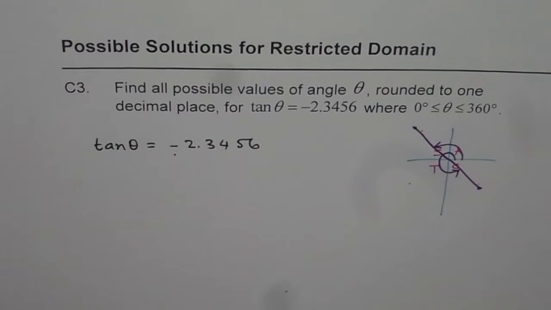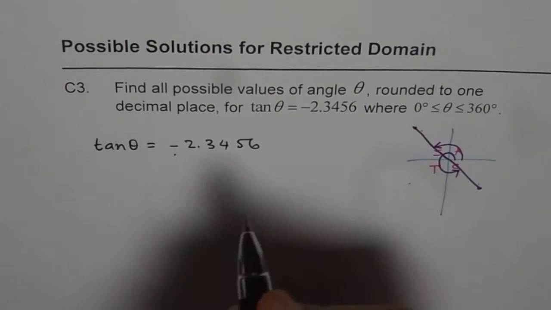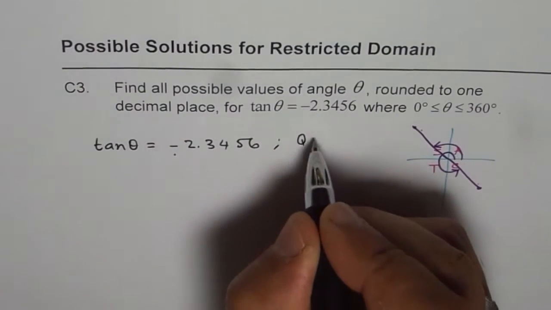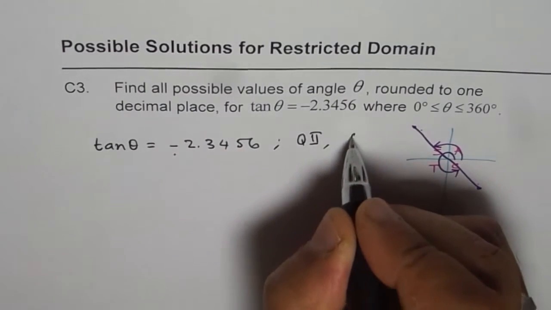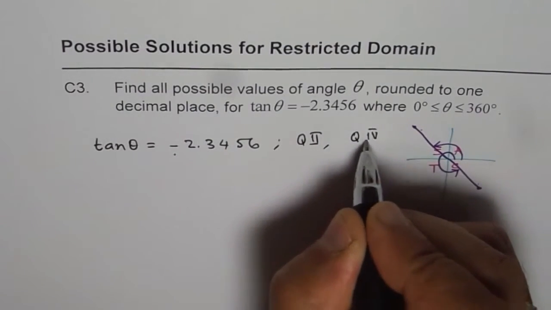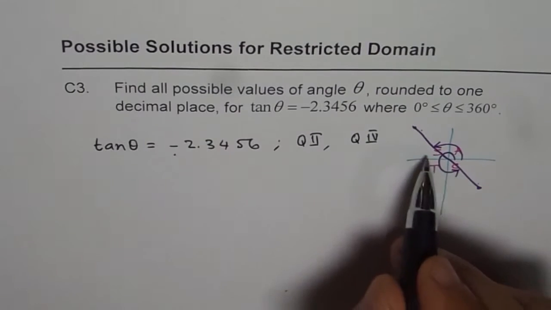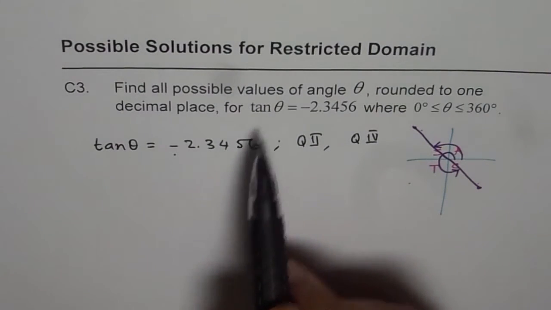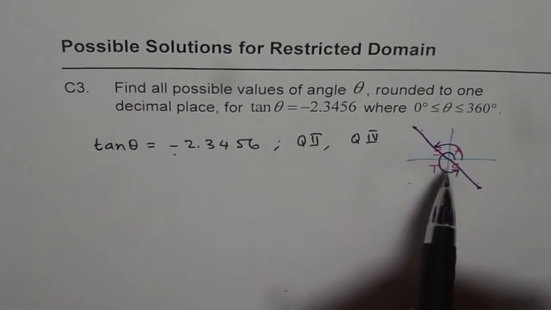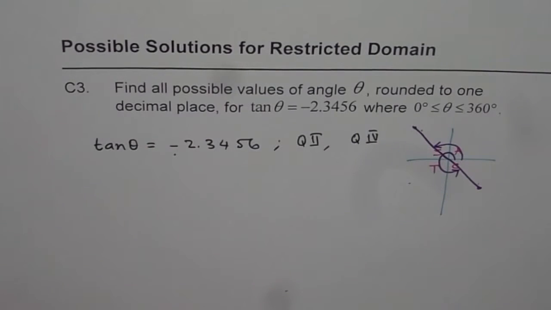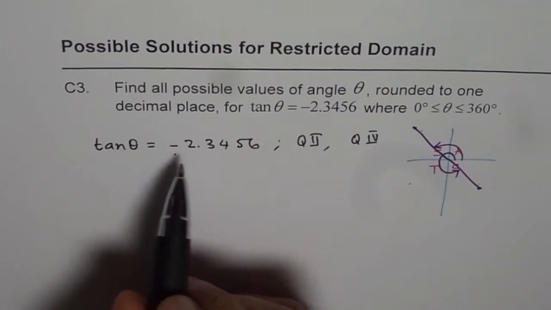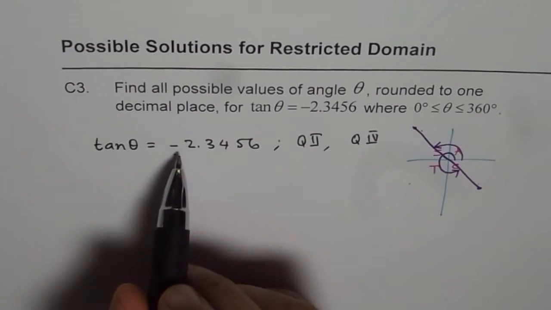From the negative value we find that our solution should be in quadrant 2 or in quadrant 4. They are 180 degrees apart, since tan theta has a period of 180 degrees. Now to find the value of theta, first let's find the related acute angle.